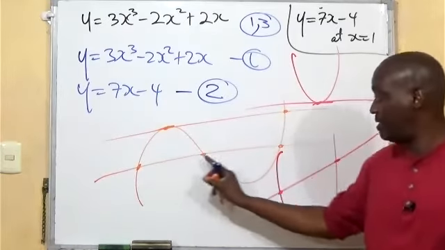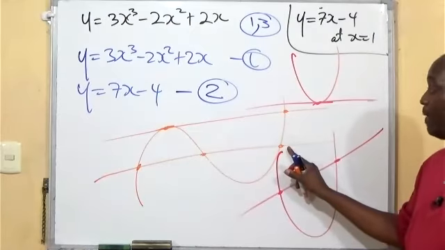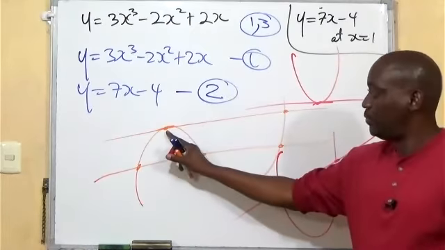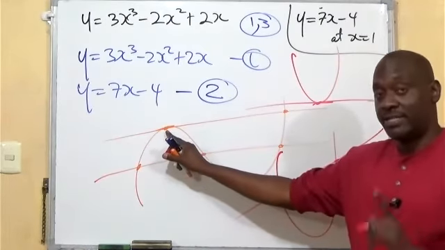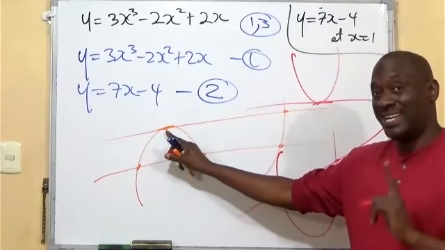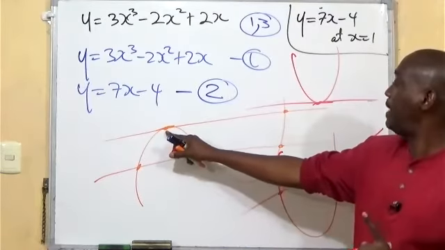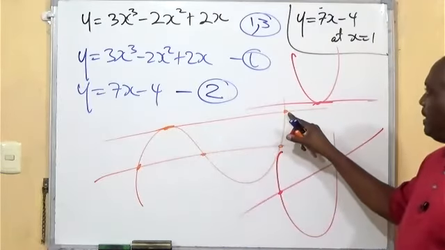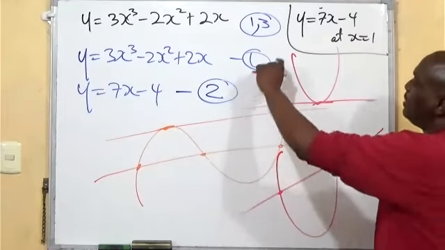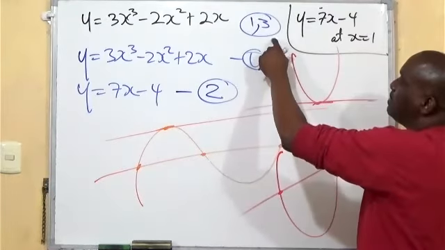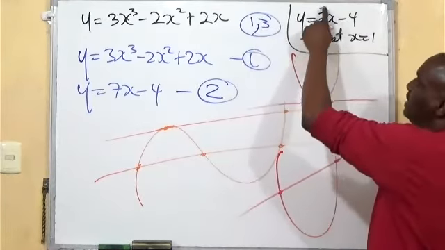You could either have 3 distinct points of intersection, or you could have 2 points of intersection converging at 1 point, which is our tangency, right? And another point here.